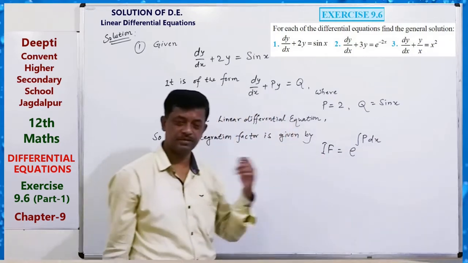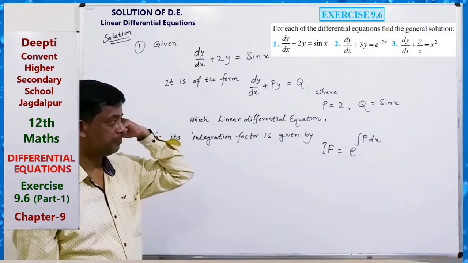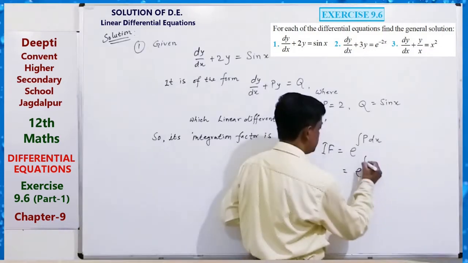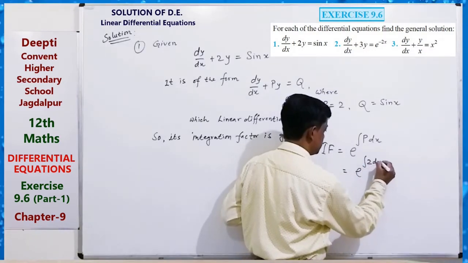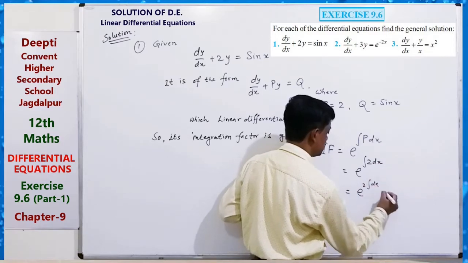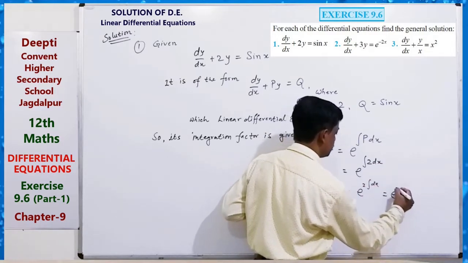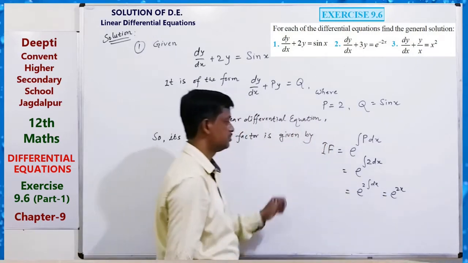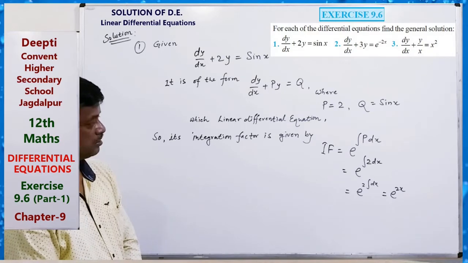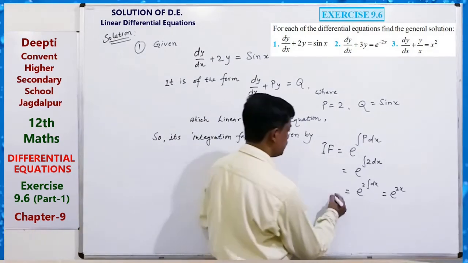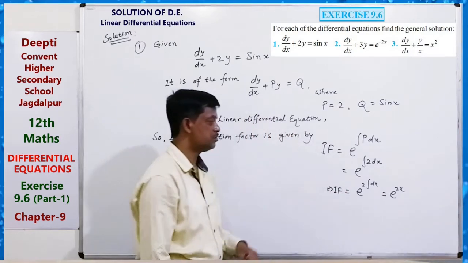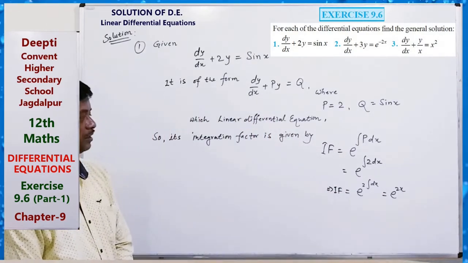We know this is the format. So this equals e to the power integration of 2 dx. We can solve it: e to the power 2 times the integration of dx, that is e to the power 2x. So IF equals e to the power 2x. Clear?